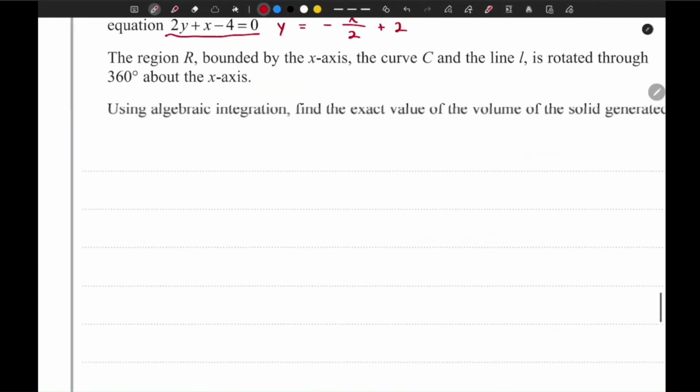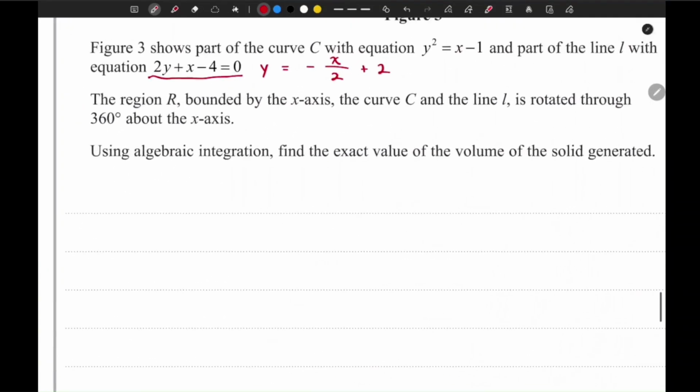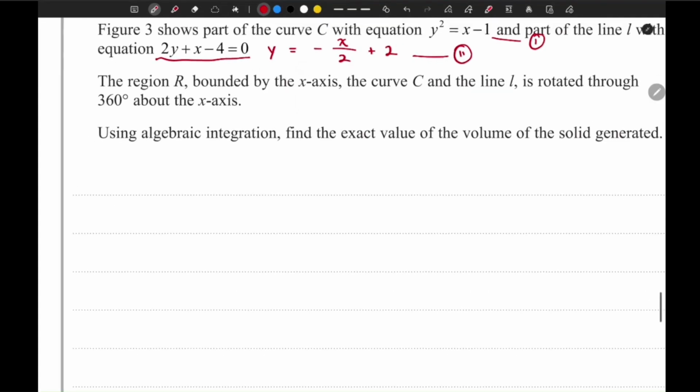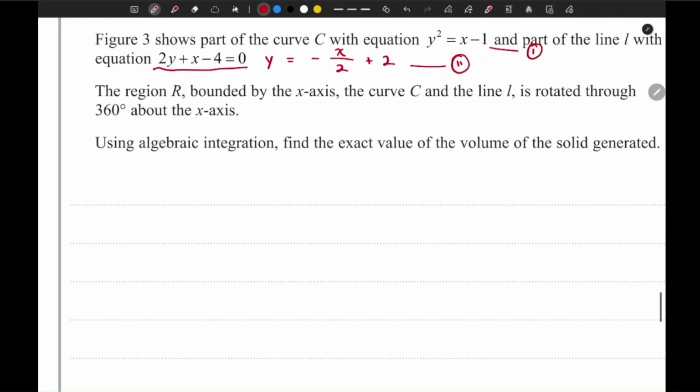Now we know that at the point of intersection, the values of y will be the same. Basically, we just need to solve these two equations simultaneously. So let's substitute the second equation into the first equation. So it's minus x over 2 plus 2 whole squared equals x minus 1.